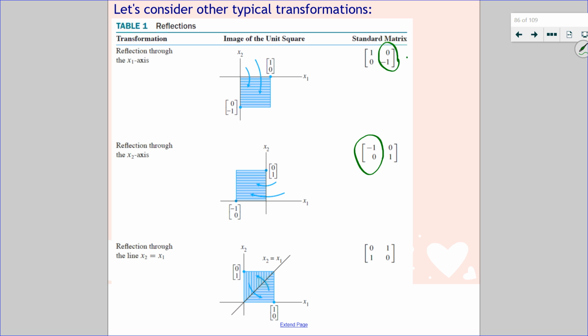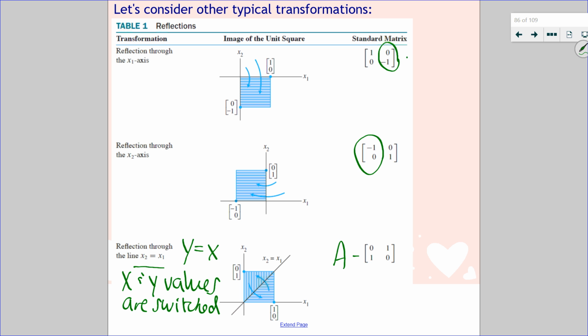Reflecting through the line x2 equals x1, that means essentially, that's the line y equals x, the x and y values are switched. So you can see in the A, you switched E1 and E2.